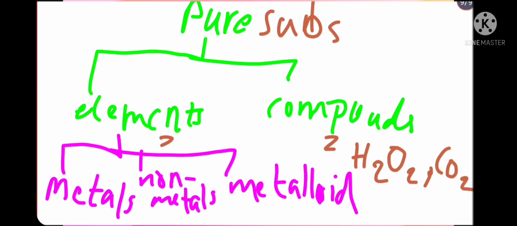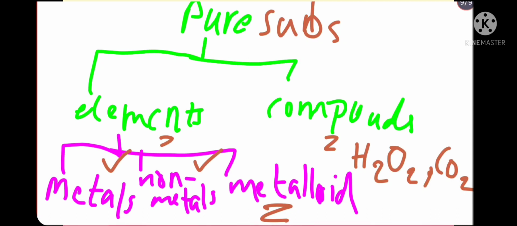If you want to see about metals, non-metals and metalloids, I hope you know about metals and non-metals. What do you mean by metalloids? Metalloids have some properties of metals and some properties of non-metals. These types of properties can only be seen in metalloids.